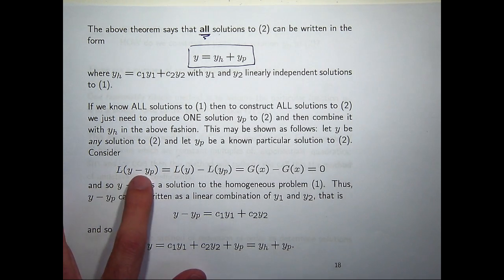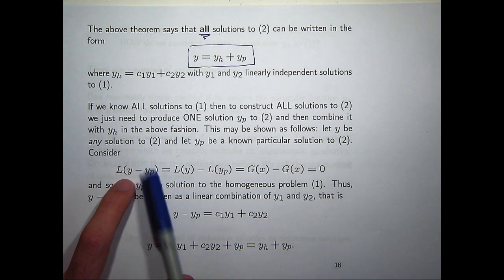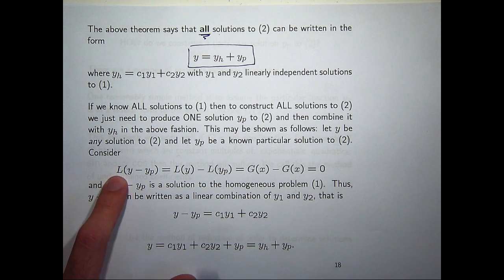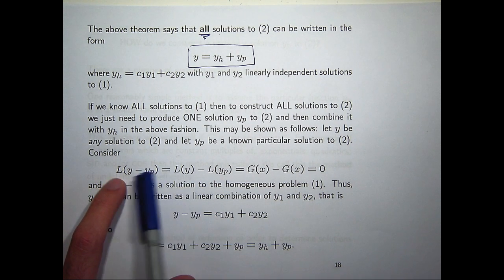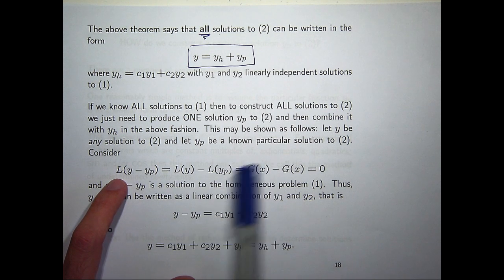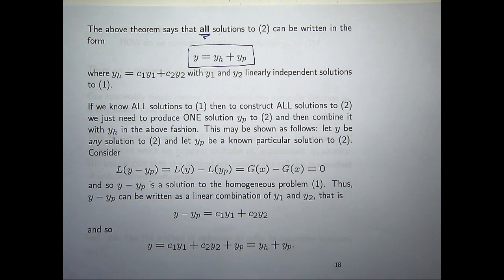If you look at the difference between any solution and your particular solution, and you operate L on it, then L is a linear operator, so you can break that up, and you know that this equals g of x and this equals g of x, so the difference will just be 0.